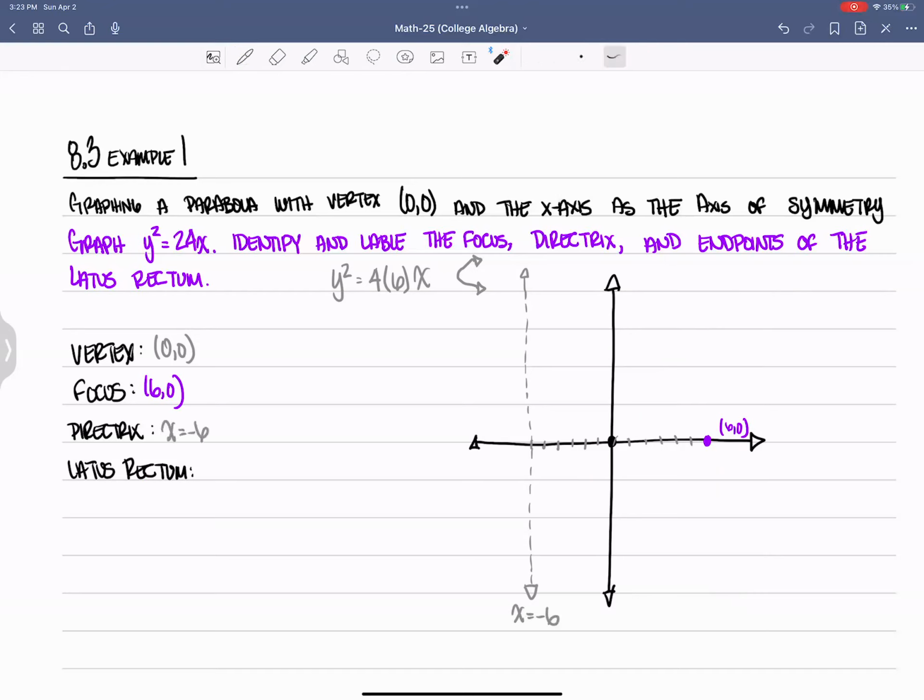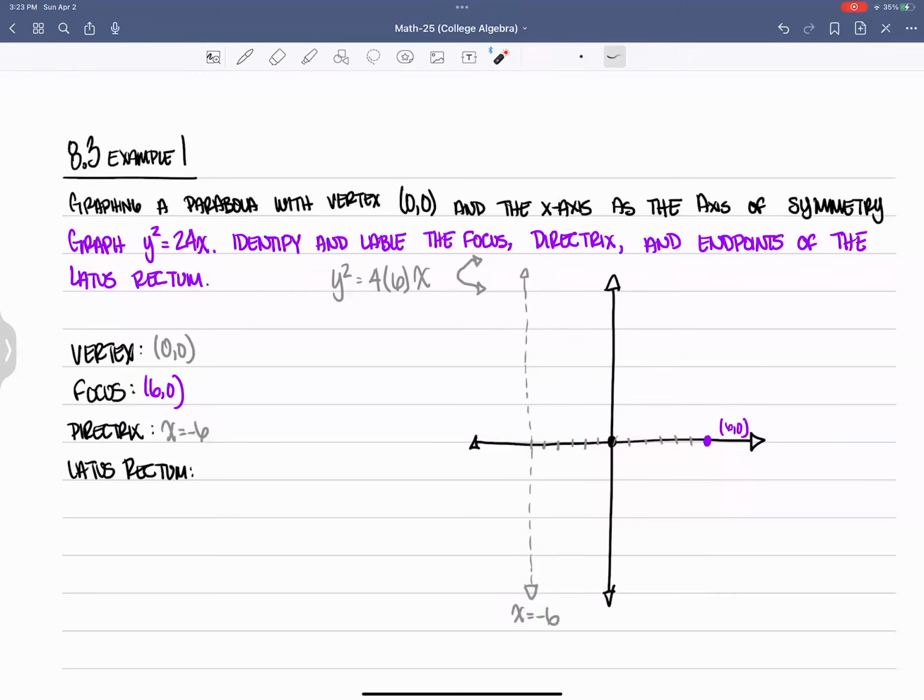The cool thing about the directrix is that each point on the graph is equidistant to the directrix as it is to the focus. So the vertex, which is our main point, is the same distance to that focus as it is to the closest point on the directrix.